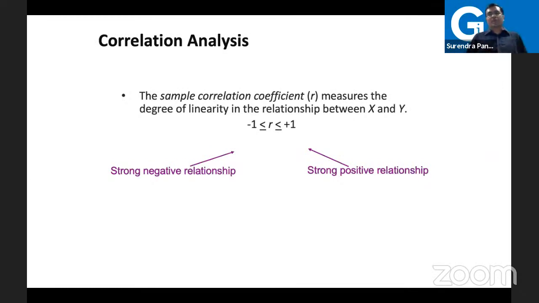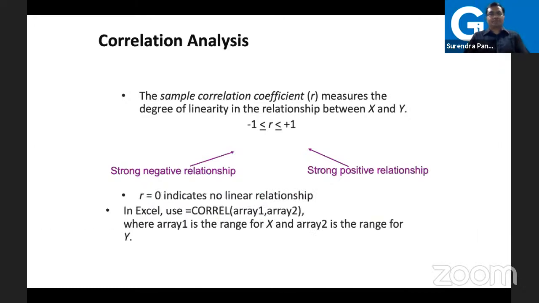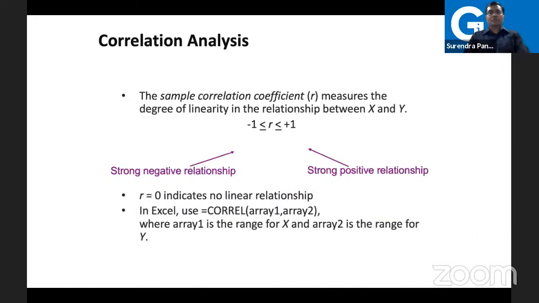Negative means a value of -1 and positive means +1, and zero means no correlation. Zero indicates there's no relationship. Okay, so this is the basics here. Again, you may require to prepare all those things.